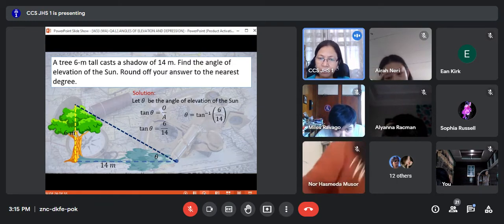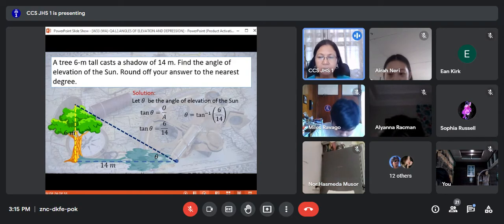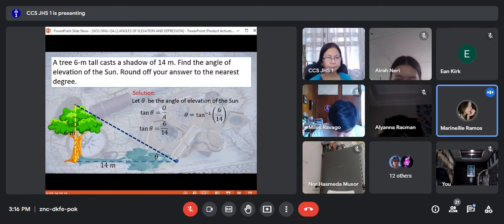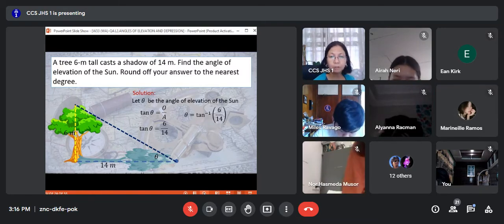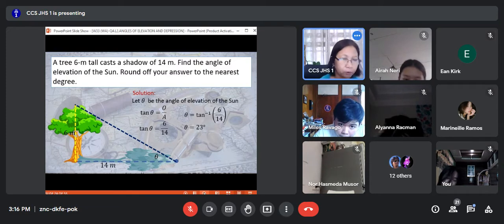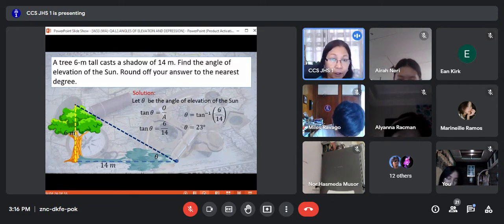If your unknown is theta, you use the second function of tangent in your calculator. 23.2. But the question is to round off your answer to the nearest degree, so you should know how to round off your values. 23.2.